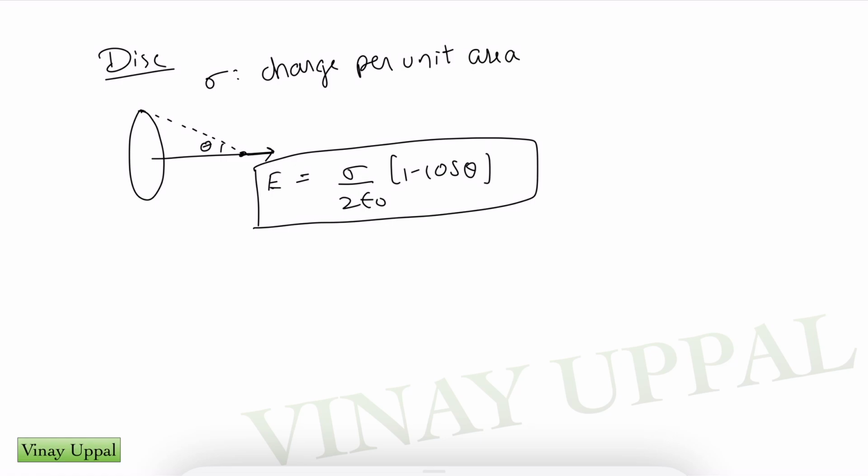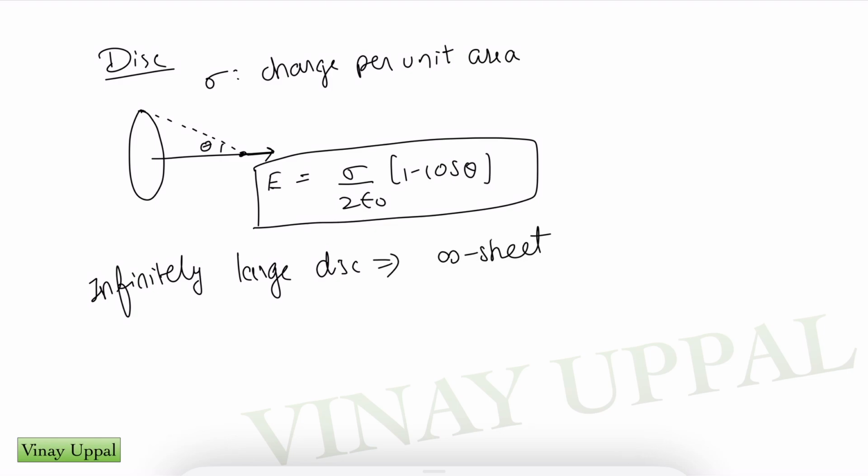And if I assume that this disk is infinitely large, that basically means an infinite sheet. For an infinite sheet, the shape of the boundary doesn't really matter. So even if I assume this sheet is like a disk whose radius is tending to infinity, the shape of the sheet is irrelevant.